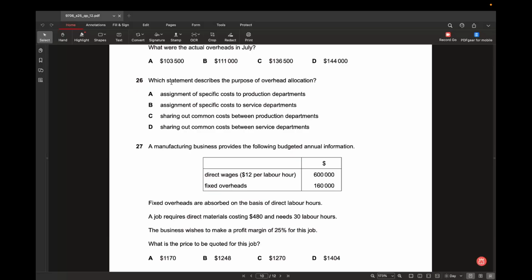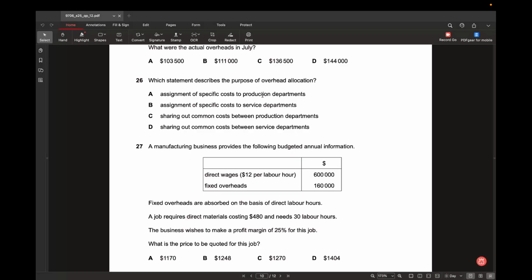26. Which statement describes the purpose of overhead allocation? If you remember this whole chapter, the first thing that we did was divide the overhead using the basis of apportionment. And we apportion the cost in both production departments as well as in service departments. Okay, but later we also do reapportionment of service department cost to the production departments.